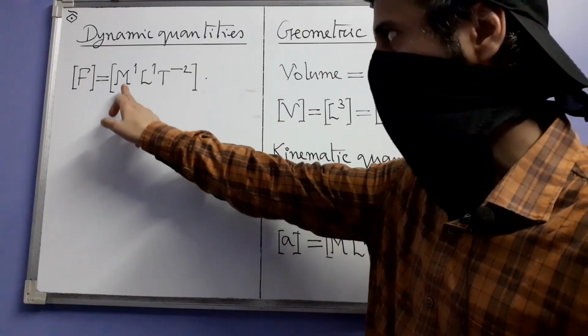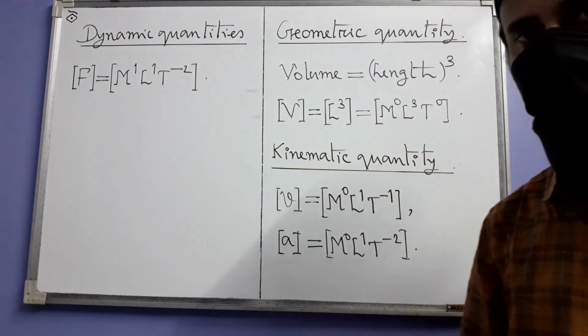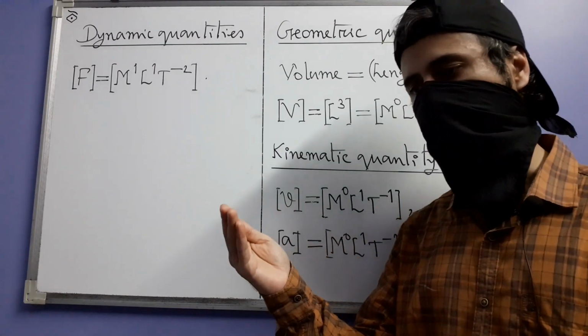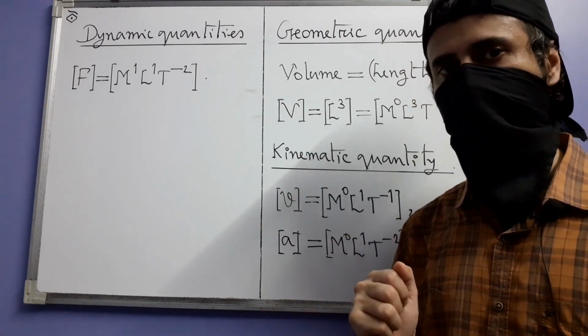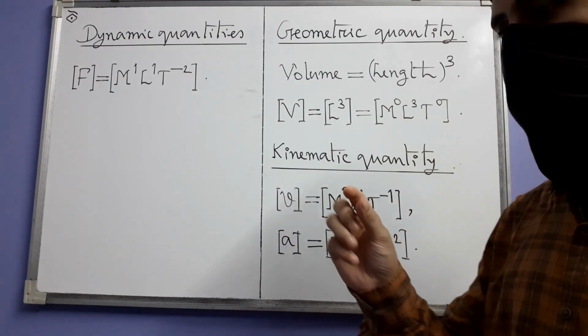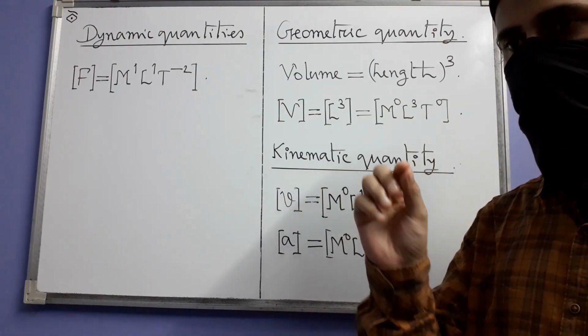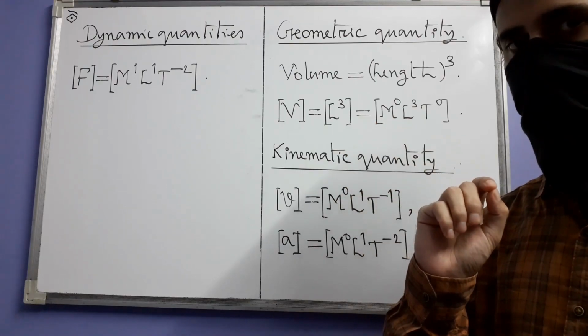You can view it as mass times acceleration, or you can actually use the more accurate definition of force, that it is the rate of change of momentum. Momentum is mass times velocity.